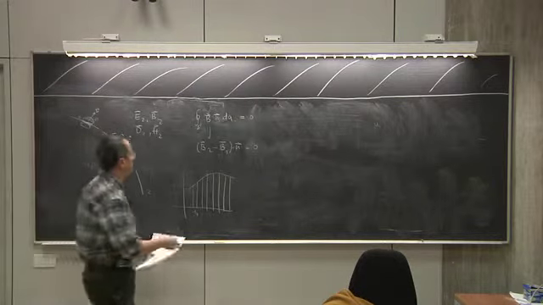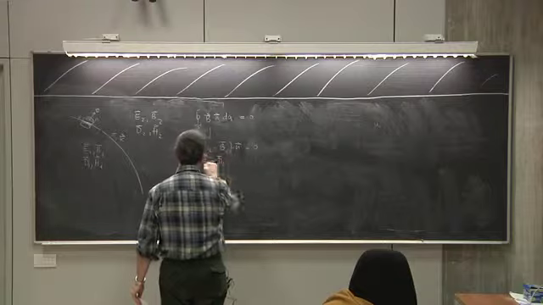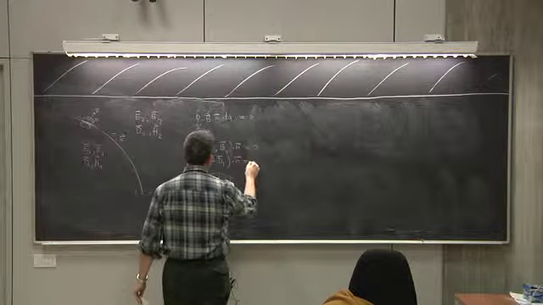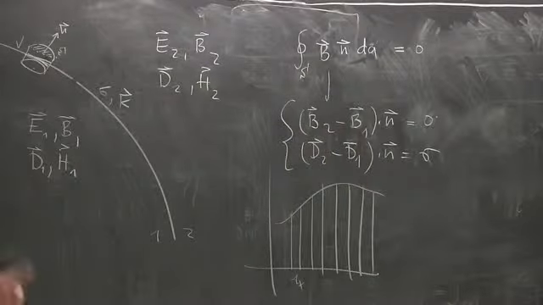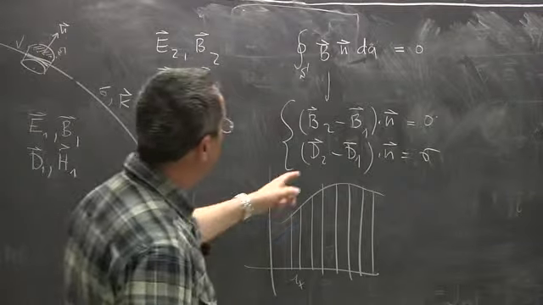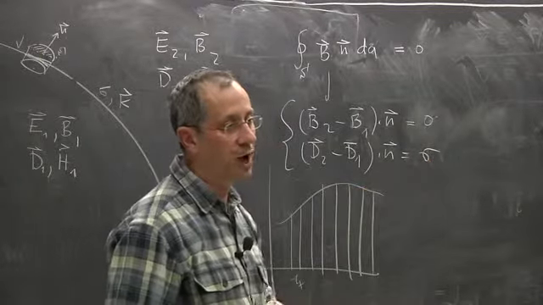So these two are the first two things you must know about boundary conditions, or if you want, about the D and B fields across a boundary. That the D field jumps by an amount proportional to how much charge is there.